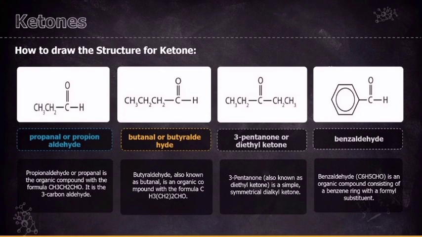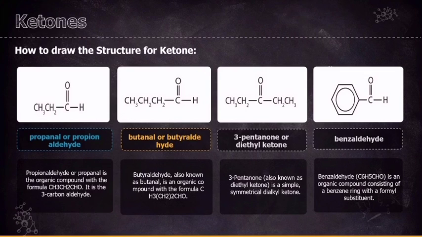Butanal or butyraldehyde. Butyraldehyde, also known as butanal, is an organic compound with the formula CH3(CH2)2CHO. This compound is the aldehyde derivative of butane. It is a colorless, flammable liquid with an unpleasant smell.